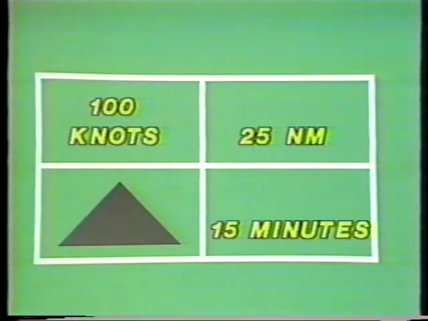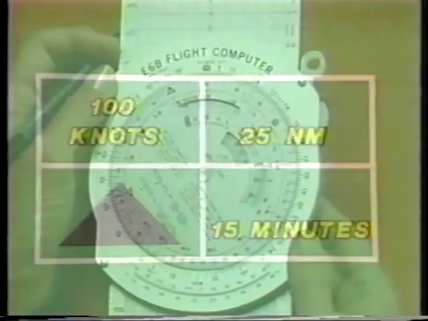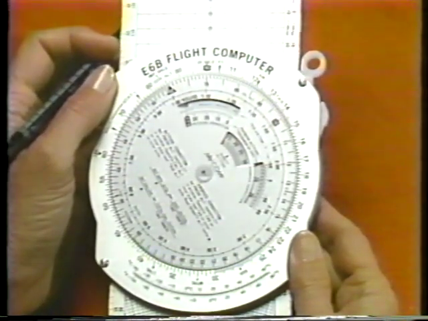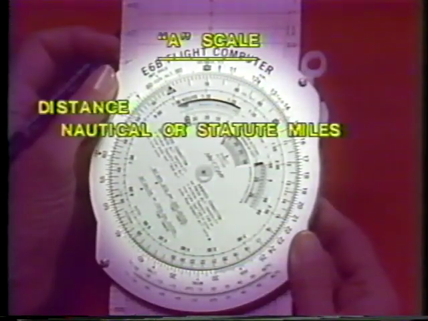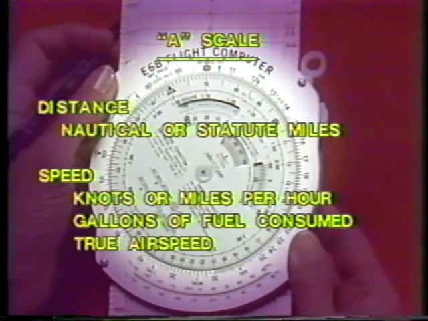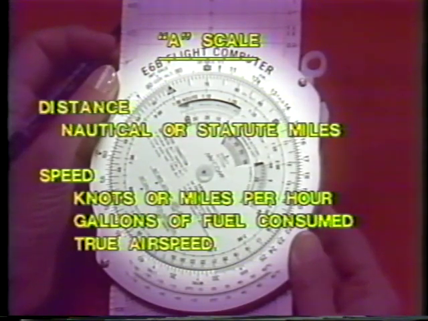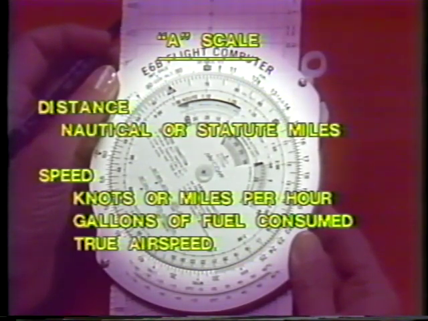Substitute an unknown in any of the positions, and if you know the other two, the problem is solved. Depending on the problem you are solving, the A scale may represent nautical or statute miles of distance, knots or miles per hour speed, gallons of fuel consumed, or true airspeed.